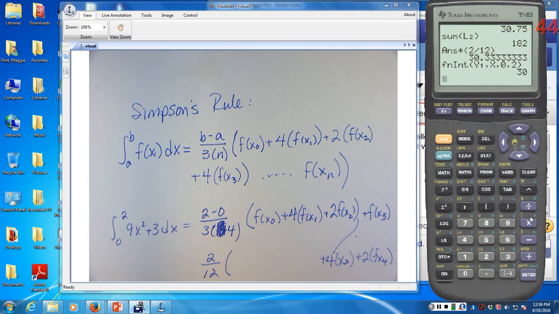So if you compare the answers that we got, you'll see that Simpson's rule does a lot better job of approximating than the trapezoid rule does, but numerical integration actually takes Simpson's rule and makes infinite increments, infinite parts.